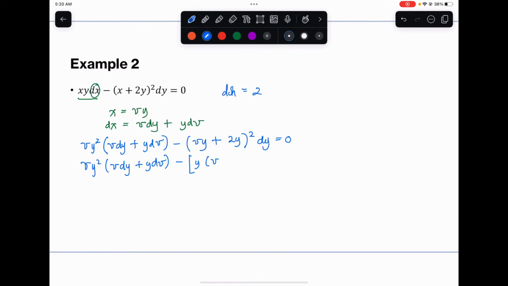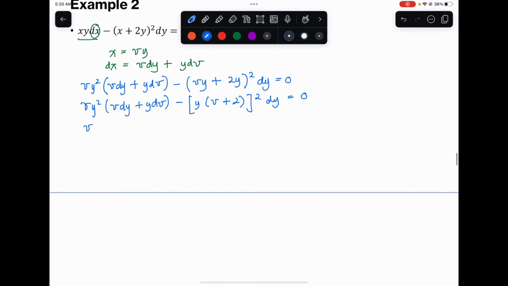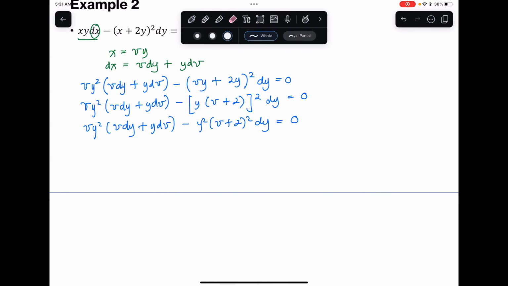So that would make it v plus 2 raised to 2 dy is equal to 0. So this is the same as vy squared, v dy plus y dv minus y squared times v plus 2 raised to 2 dy is equal to 0.